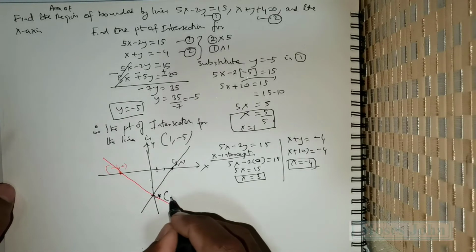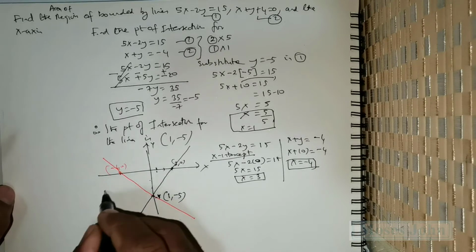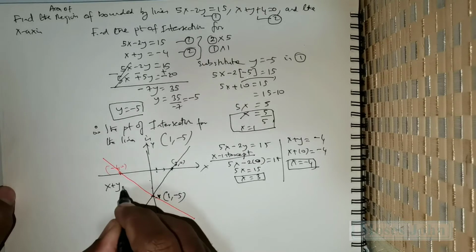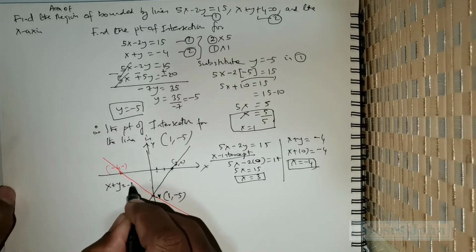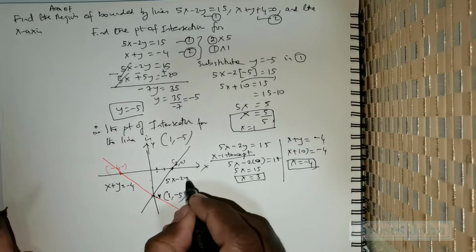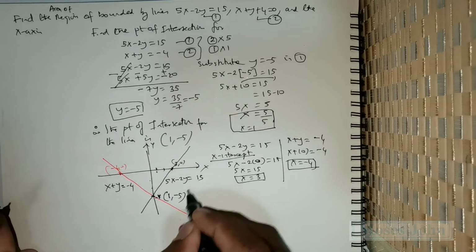So the intersecting point, I want to write it down, (1, −5), and this line is x + y = −4, and this line is 5x − 2y = 15.